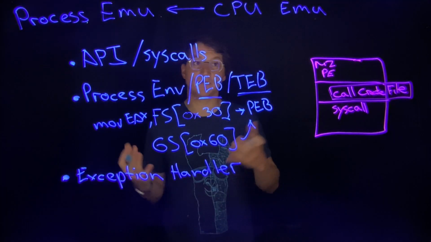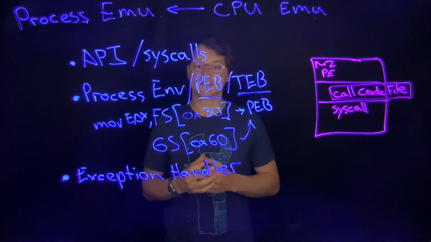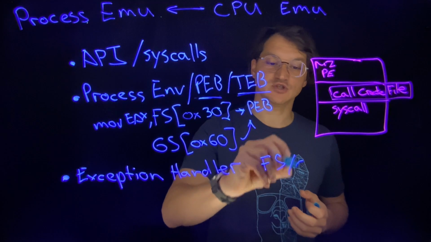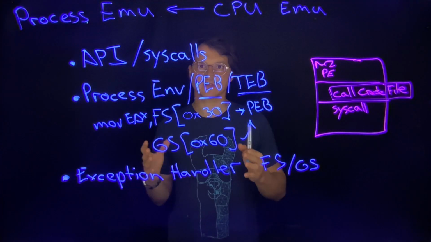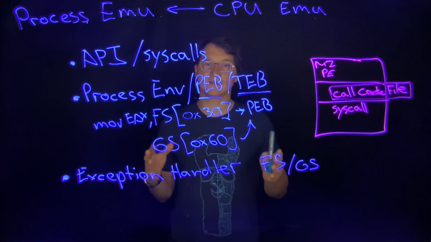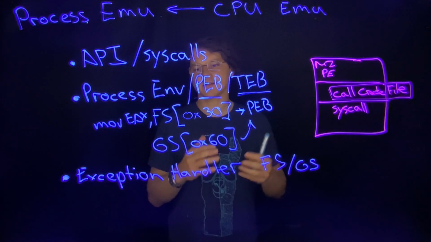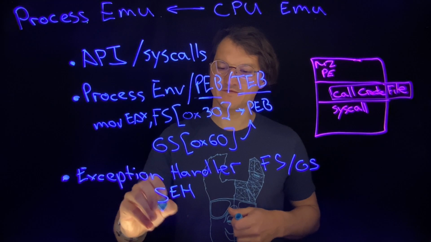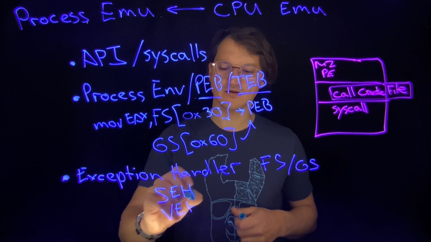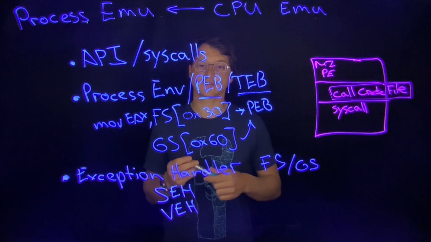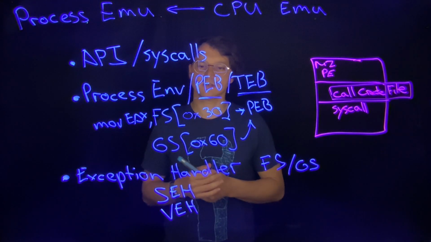Another trick to bypass a CPU emulator is to access an exception handler. It is also accessed through the FS and GS special registers. Windows supports two main exception handler types: structured exception handler, or SEH, and vectored exception handler. They both rely on certain process environment.